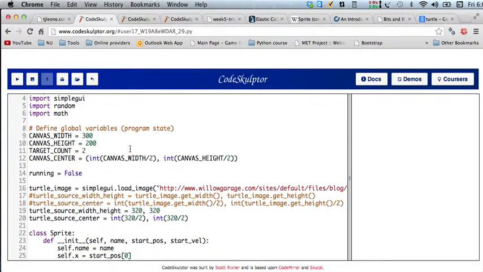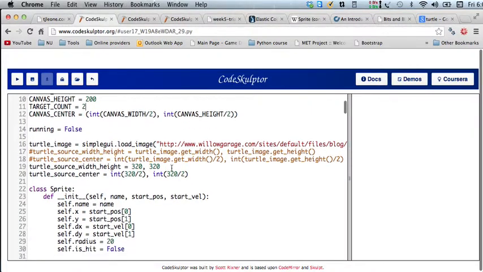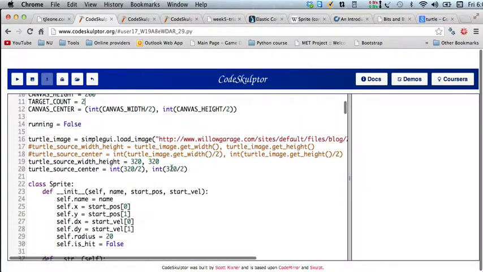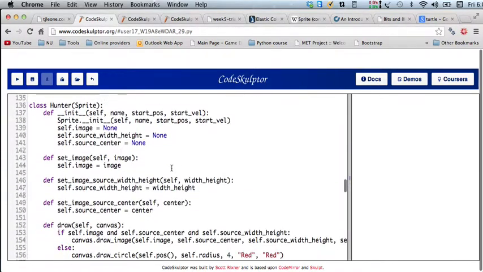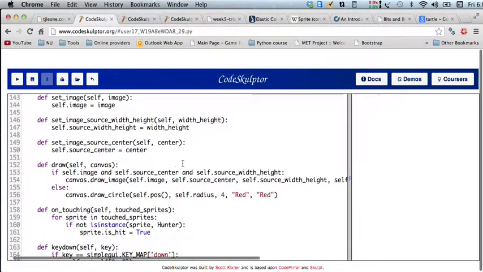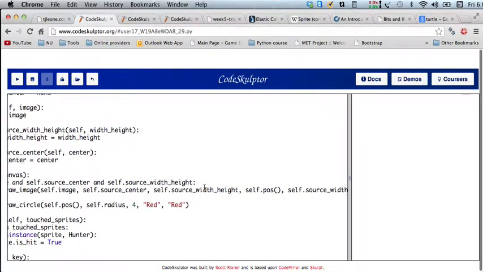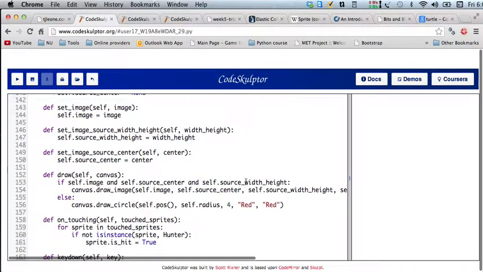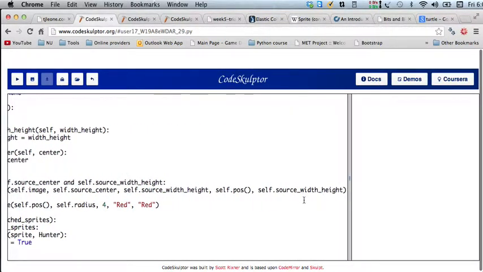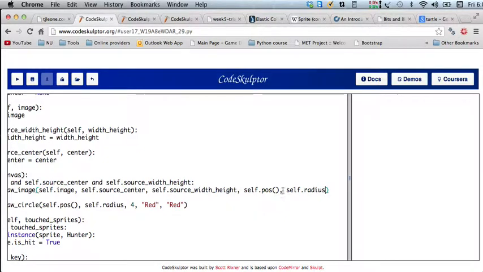So what we can do is when we draw it, we can say, okay, whatever the source width height is, let's make the destination width height equal to, let's say, radius comma radius. How about that? Because we have a radius already, right?